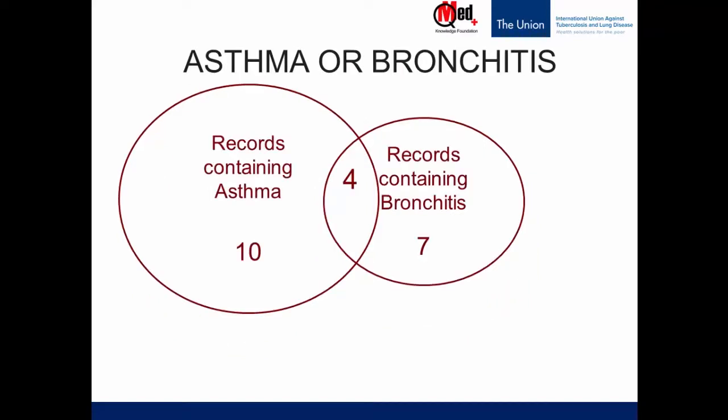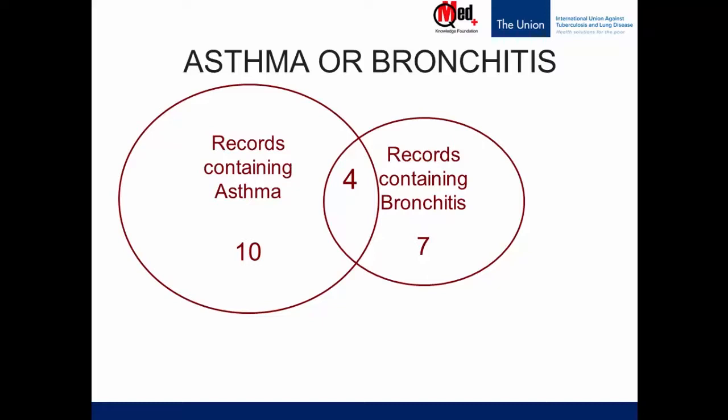With the same picture, let's see what happens if we did a search asthma or bronchitis. We now know that in the entire PubMed there are 10 records that contain asthma. There are 7 records that contain bronchitis. There are 4 records that contain both the terms.